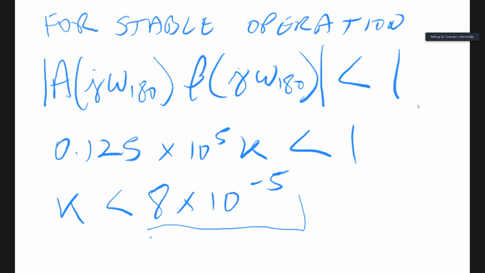All right. Now let's do 83. So 83 says, consider a feedback amplifier for which the open loop gain A(s) is given by, and they give you the following expression.